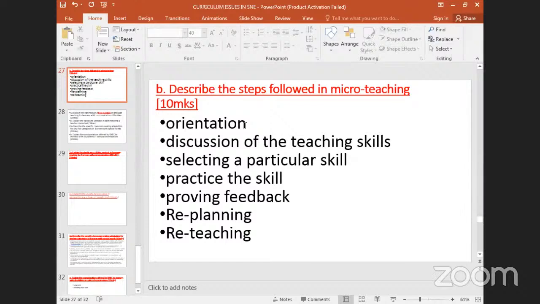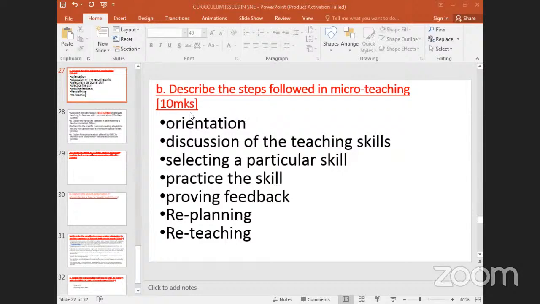And in micro teaching, in the orientation, if I have to orient the class, it means that I am going to prepare you early. I would love to let you know that during the micro teaching, this is the area that I'm going to deal with.